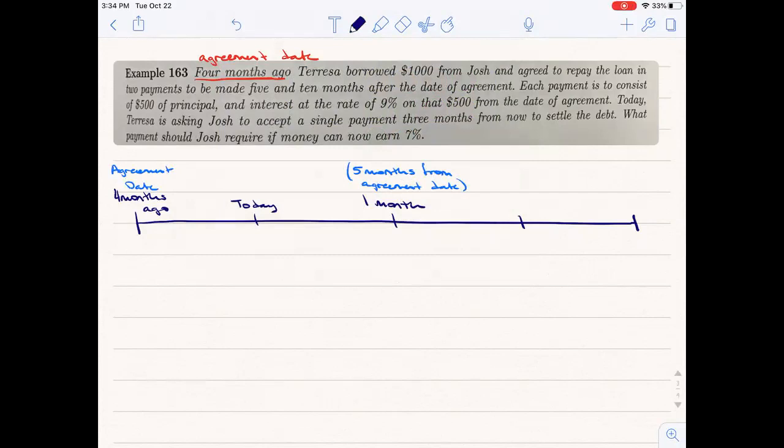So then she rejigged, so we're at today now, and she says, hey, can I just pay you back 3 months from now with one payment? So 3 months from today, that's when she's going to pay this all back.